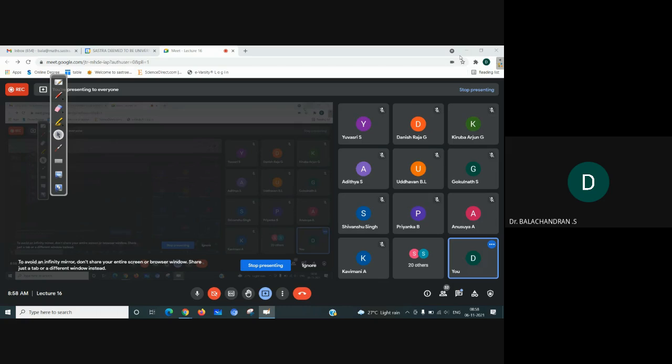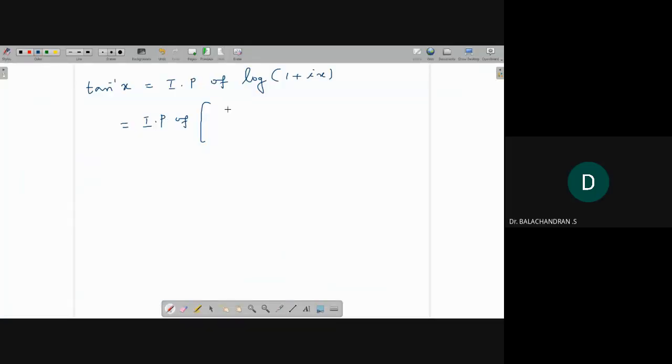If you know, you can tell, otherwise no problem. Log of 1 plus x is equal to x minus x square by 2 plus x cube by 3 minus x power 4 by 4, and so on.